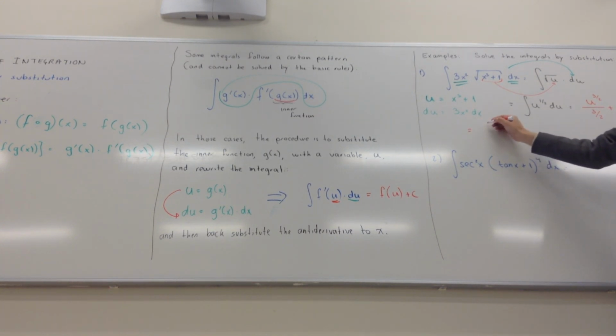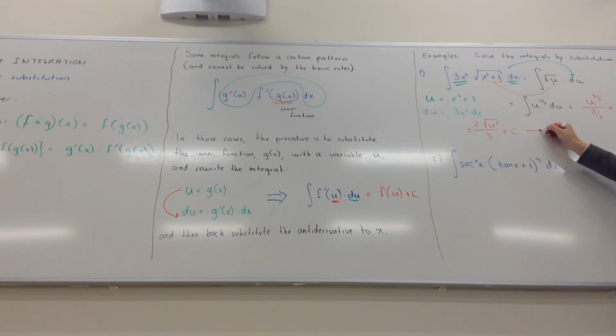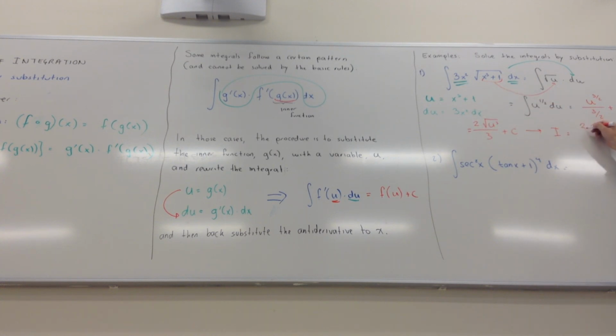So it's going to be square root of u to the cube, over 3 halves, so 2 thirds, plus c, right? I just rewrote the powers. And the last step is to change u to what it was, which is 2/3 square root of x to the cube plus 1, to the cube, plus c.